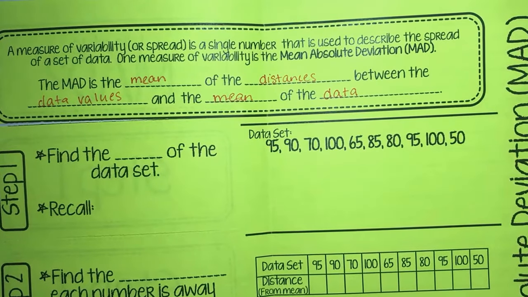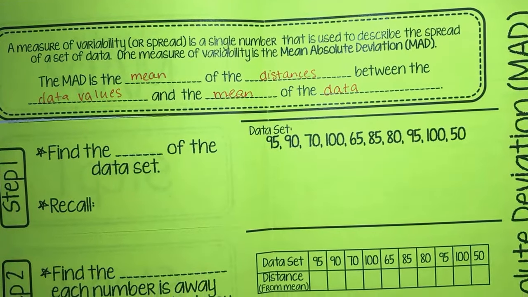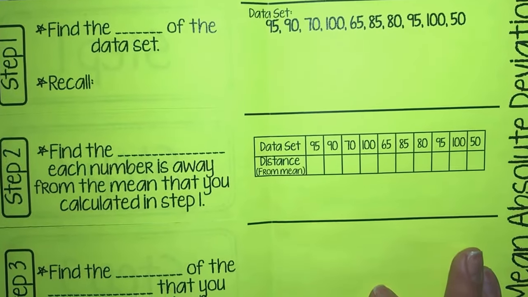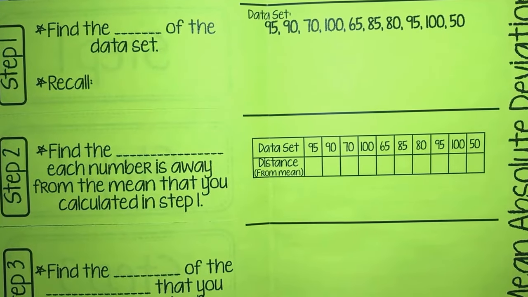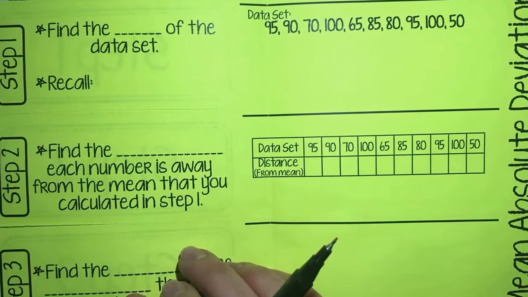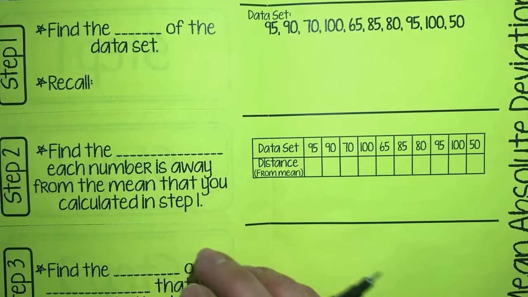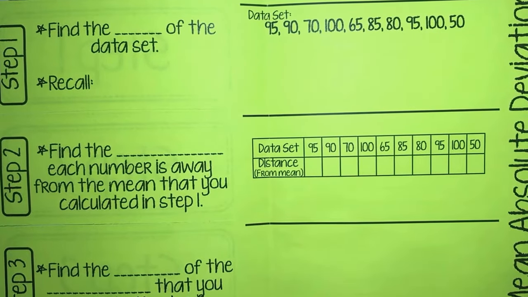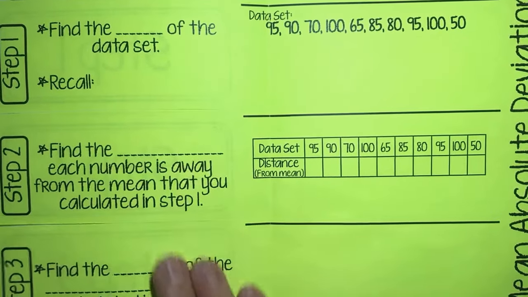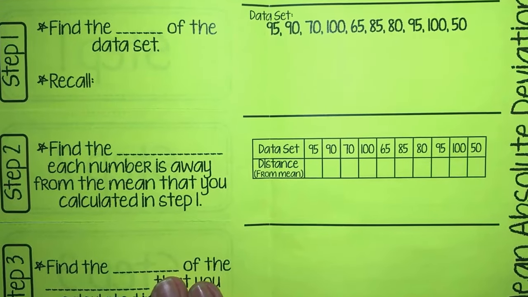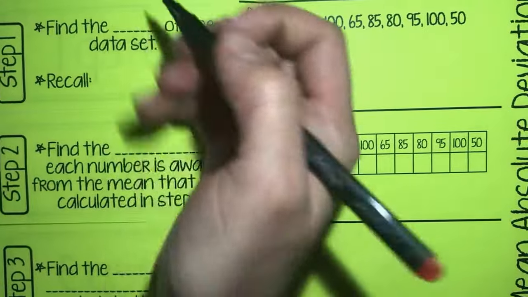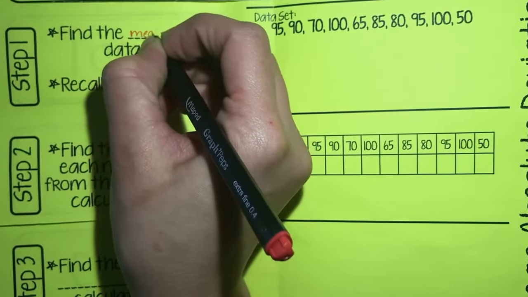Okay, so let's go ahead and look at all the steps that we need to do. We need to do 3 steps. They're just going to take a little bit, okay? So always please refer back to this chart so that you know what to do in order to solve one problem. So I'm only going to do one example with you, and you guys are going to follow all these steps for the handout. So basically find the mean of the data set.